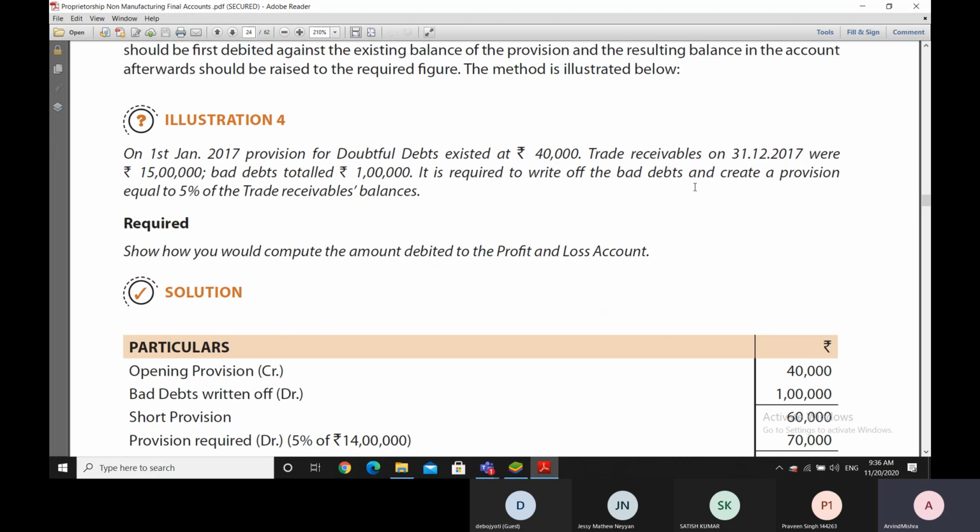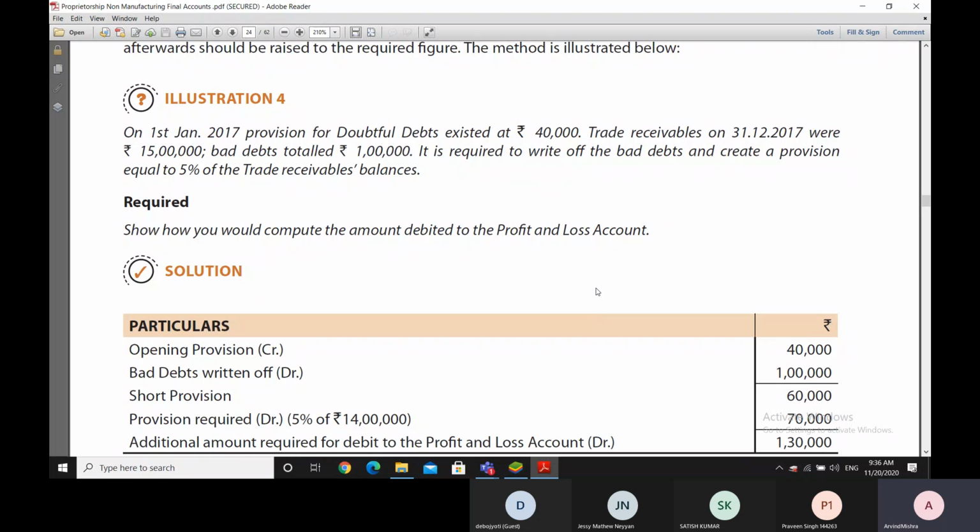Now what is being said here is that we have to write off the bad debts. As we know, in order to write off the bad debts, we have to write them off initially against the provision that is there.